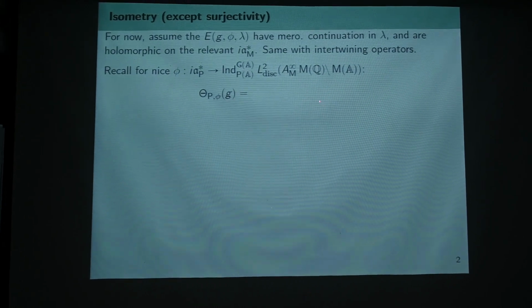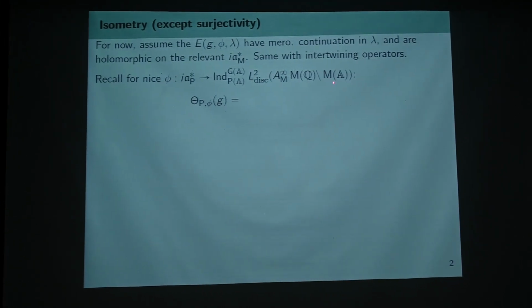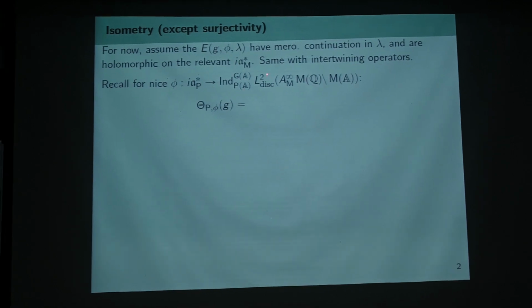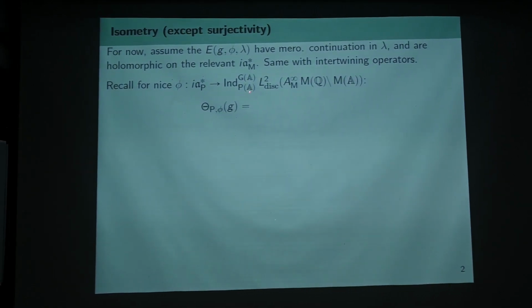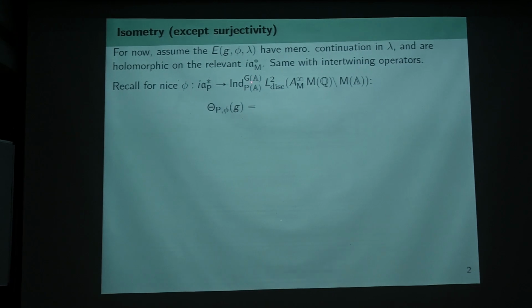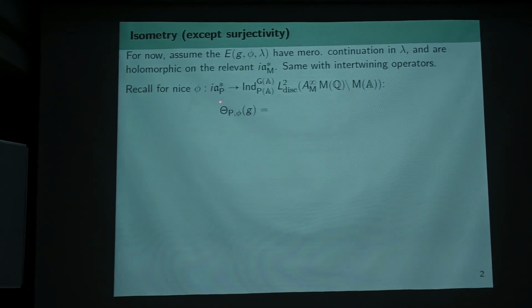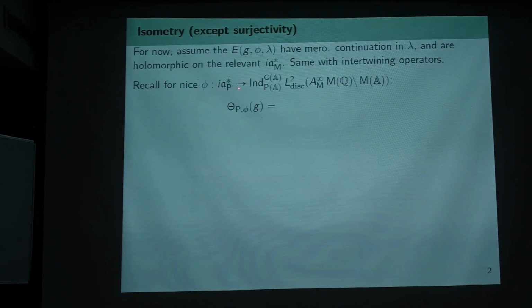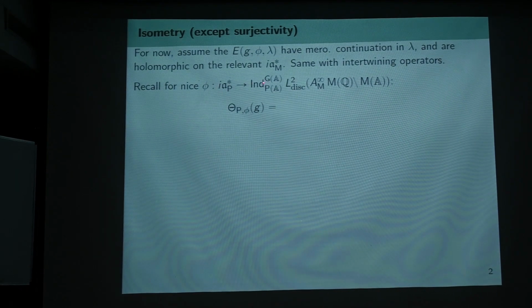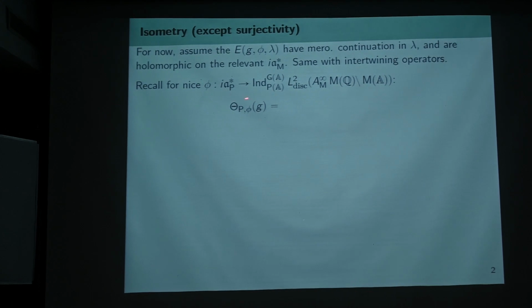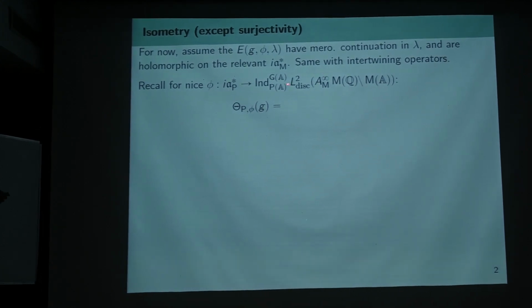To get the continuous spectrum of G, you have to look at the discrete spectrum of the Levis. Then you have to parabolically induce from the Levi of the parabolic to G(A). And then you have to integrate it over i a_P star. For that, you have to look at measurable square integrable functions from i a_P star to this Hilbert space.